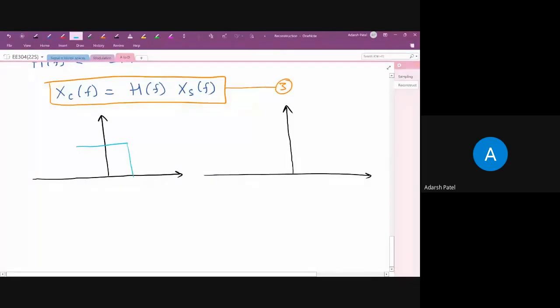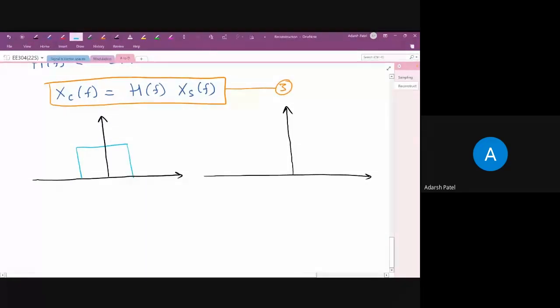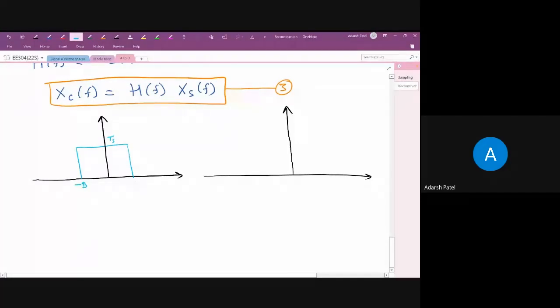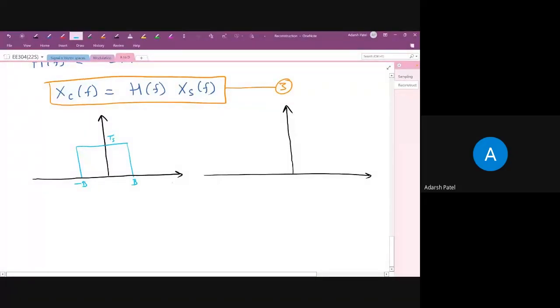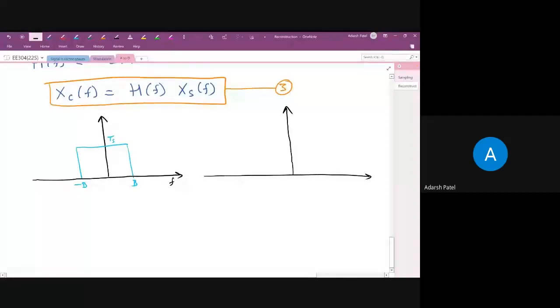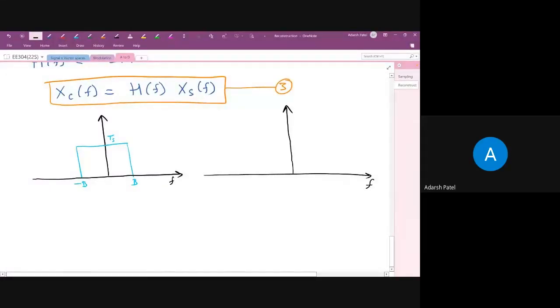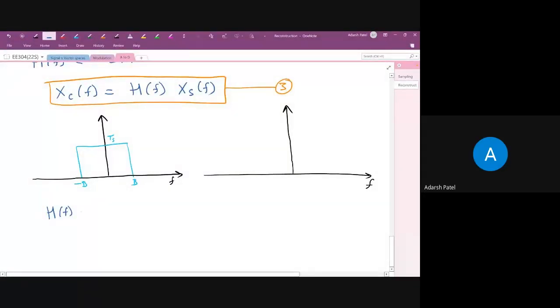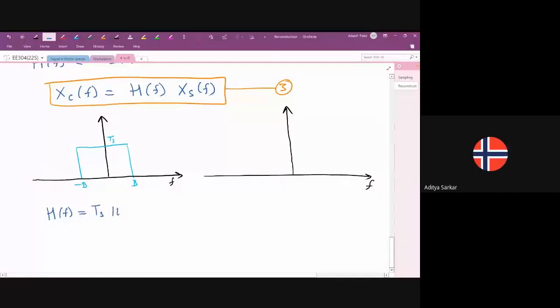Say this height is Ts, and this is minus B and B, in frequency f. I represent this as a rectangular function, H(f) in the frequency domain, given as Ts rect(f upon 2B).